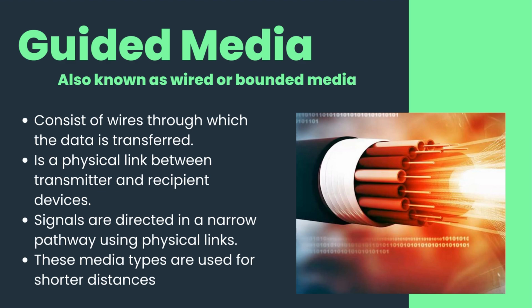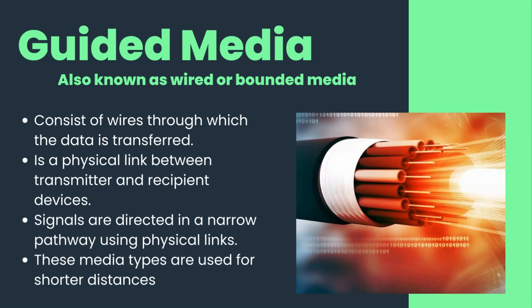The guided media, also known as wired or bounded media, consist of wires through which the data is transferred. It's a physical link between the transmitter and the recipient devices, and in these, signals are directed in a narrow pathway using the physical links.